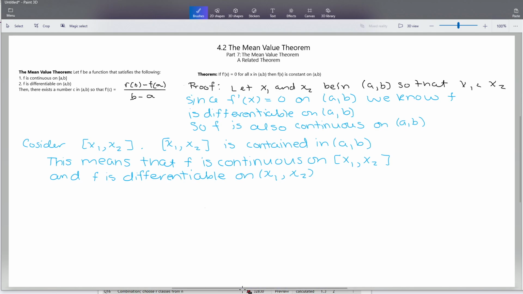Okay? So what that means for us is there exists a c in x1, x2, that interval, so that, right, we're concluding the conclusion of the mean value theorem: f prime of c is equal to f of x2 minus f of x1, over x2 minus x1.